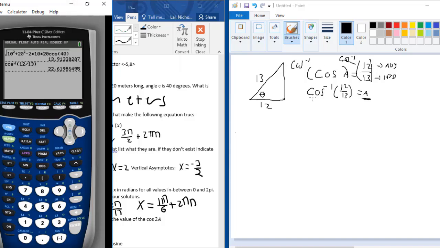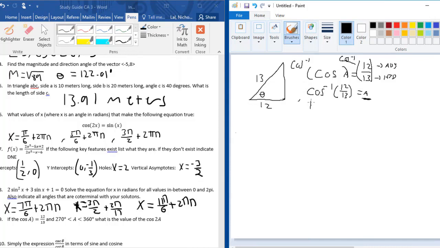So my reference angle is equal to 22.61, but we have indicated we are in between 270 and 360. So this reference angle in quadrant 4, as has been indicated to us, means we have to subtract our reference angle from 360.